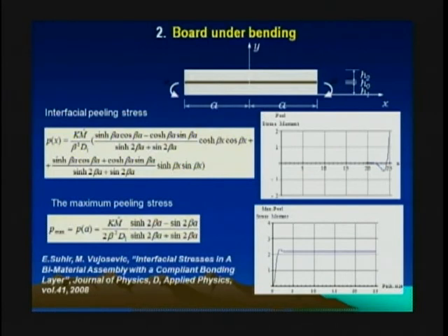We saw, and it's published in the Journal of Applied Physics, that the peeling stress should be self-equilibrated. In other words, the area above the diagram for the peeling stress and the area below the diagram should be the same, while the maximum peeling stress at the end is significantly higher than the minimal peeling stress, which is in the cross-section that is a little bit remote from the end.